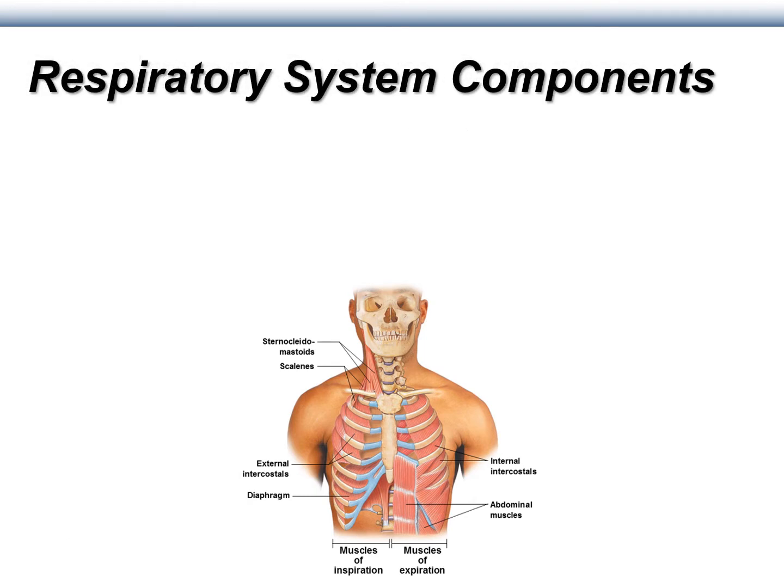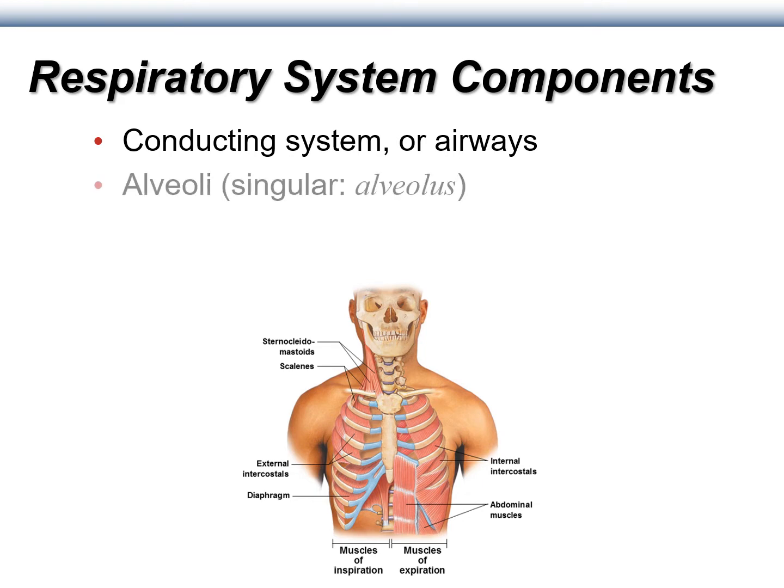The three major components of the respiratory system include the conducting system, otherwise known as airways. This includes areas up in your nose and mouth, through your larynx and trachea and so forth, down into the lungs. And a significant fraction of lung volume is comprised of airways as well.